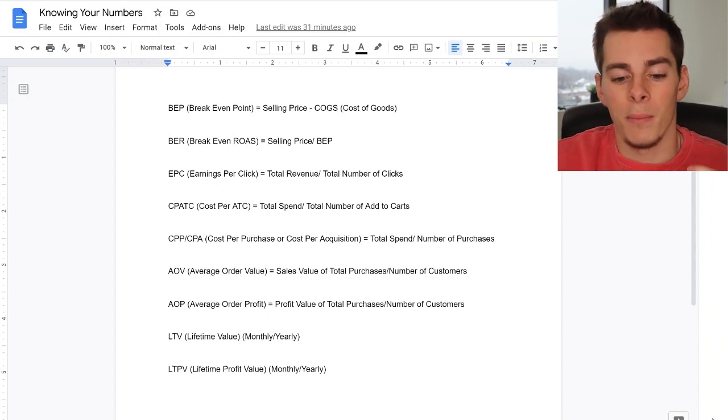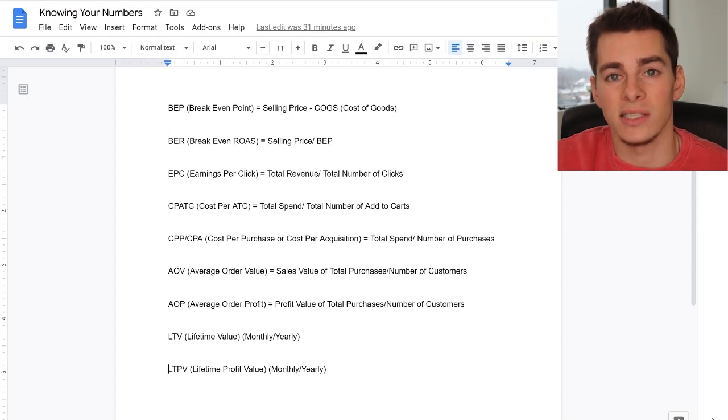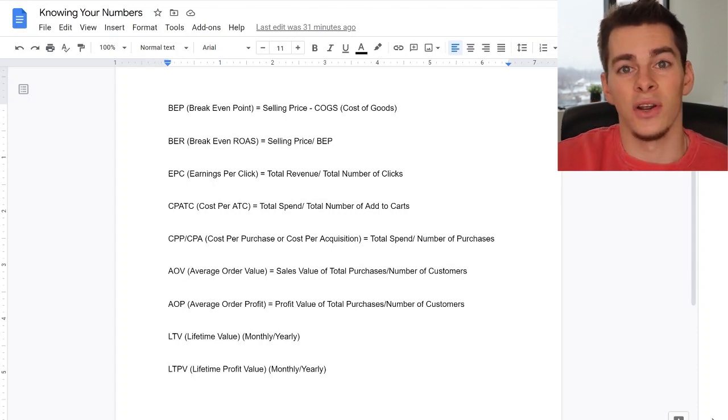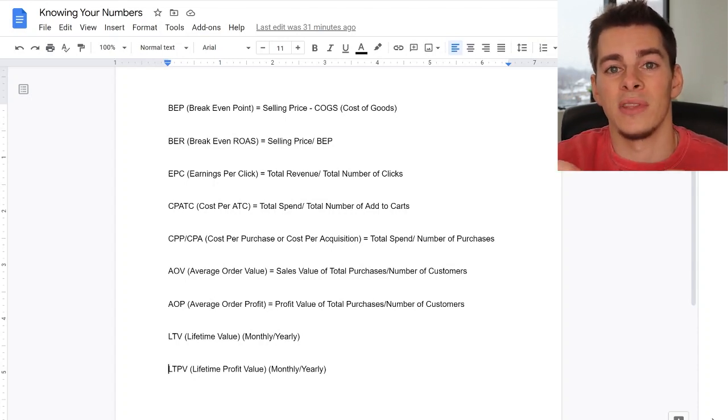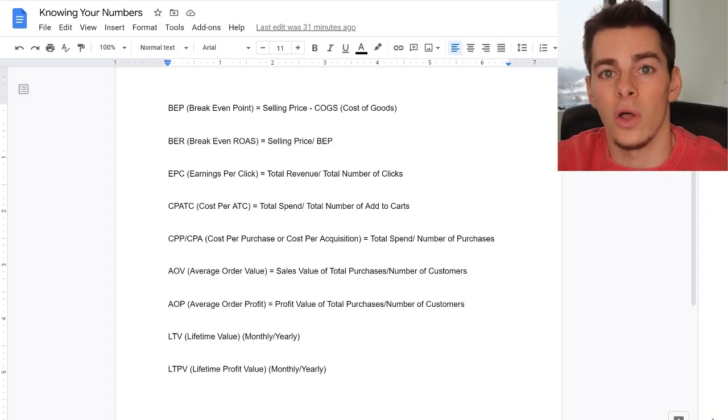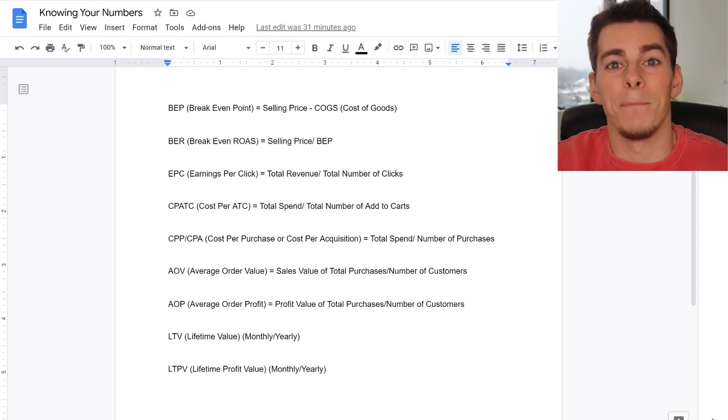So for example, my front end break-even point and my front end break-even ROAS are the values that I pay most attention to because having a really good average order profit on the back end that is higher than your break-even point is something that is essential to be able to sustain a consistent, long-term, profitable dropshipping brand. That way, you still want to maintain below your break-even point when it comes to your cost per purchase and just get that bonus additional profit going on behind the scenes.